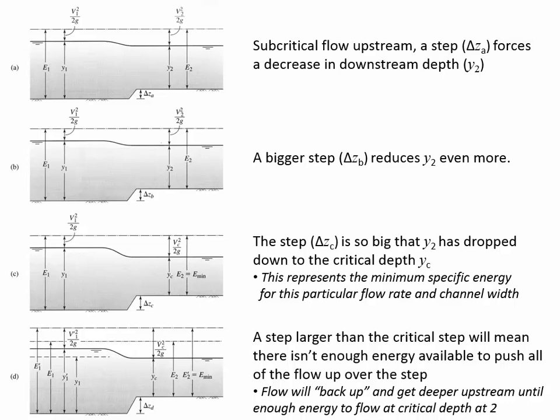The way it accumulated energy at 1 was by pooling. And so it was gaining additional depth, additional potential energy, until it finally had enough specific energy to get over this obstacle. And so that's where we're headed when we get together next Tuesday.